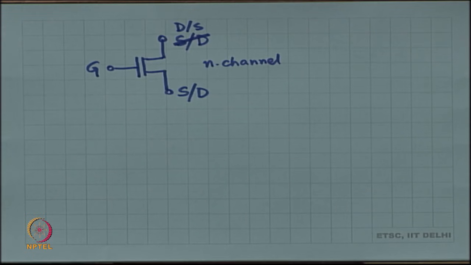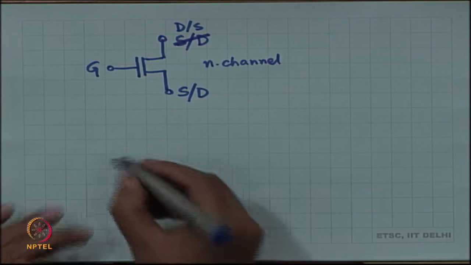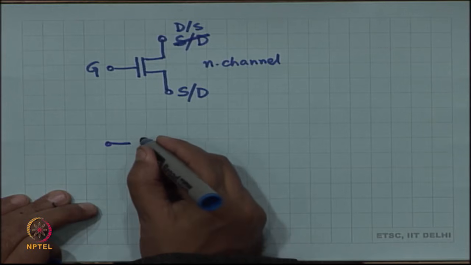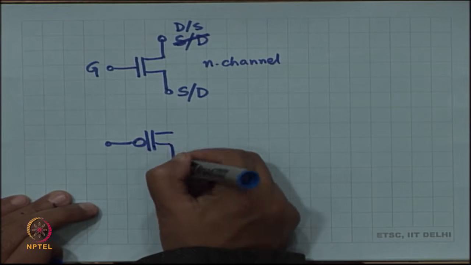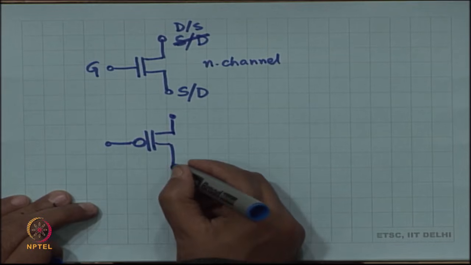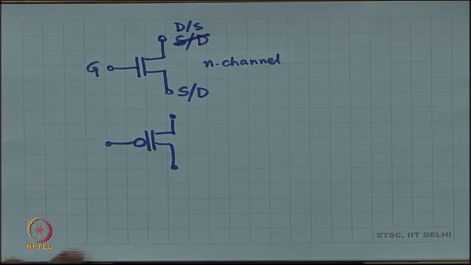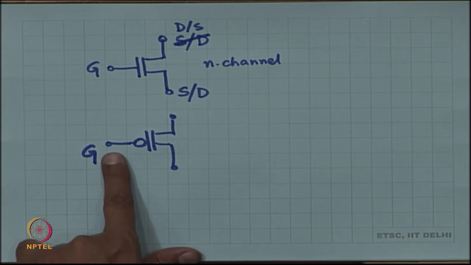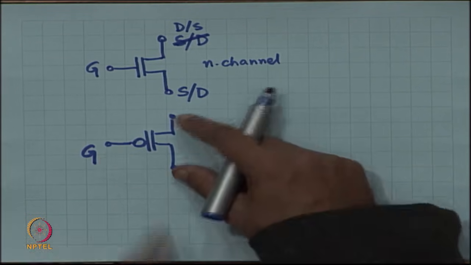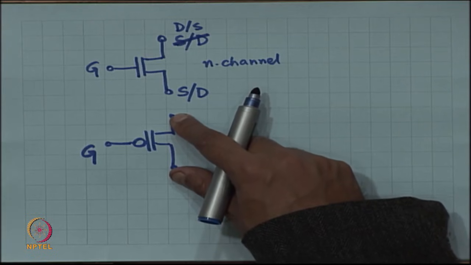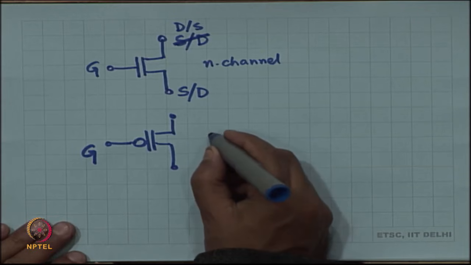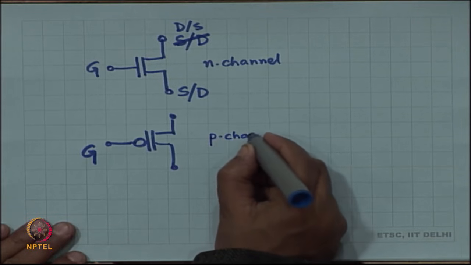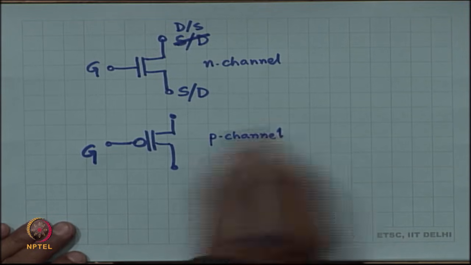Now, there is a parallel one, and in the parallel one the gate is the only terminal that is relevant. These two can be anything, either source or drain, right. This particular device is a P channel device, and it switches on when the gate is low.